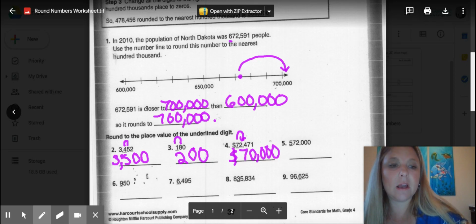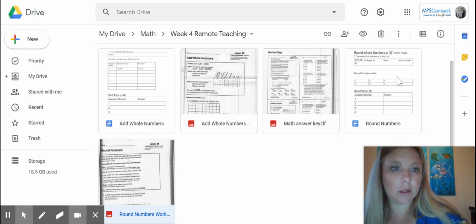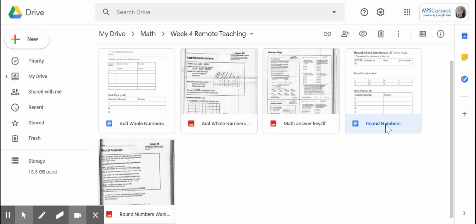Again, there are some story problems on the second page that you'll need to do also. If I go to the worksheet, let me show you what it would look like. On the front page, you have to complete the sentence in the box. 672,591 is closer to, and then you're going to type in your information right here. So I know it's closer to 700,000.